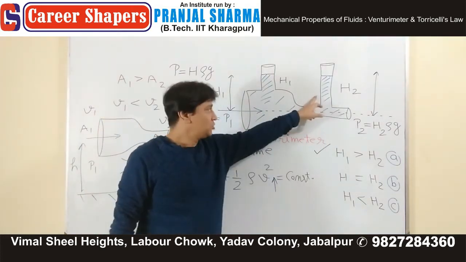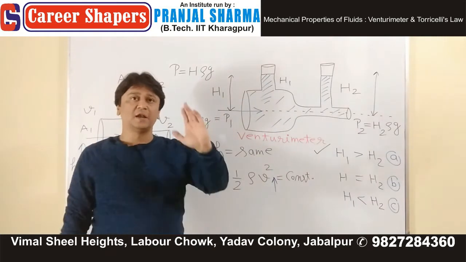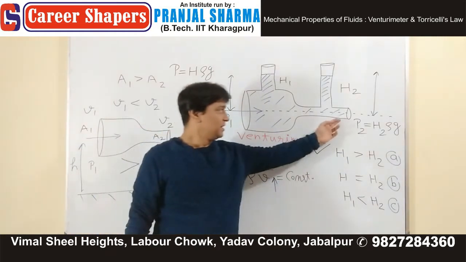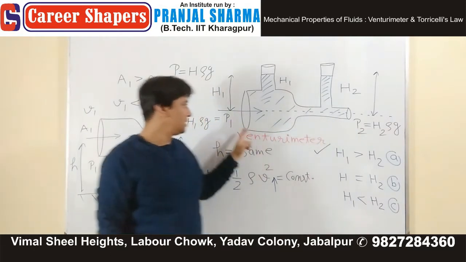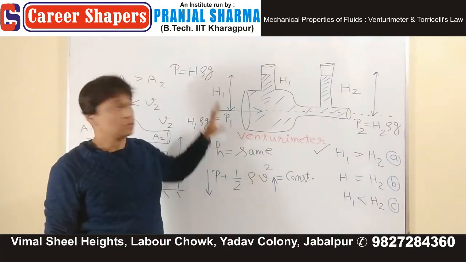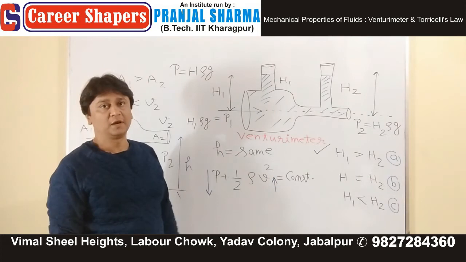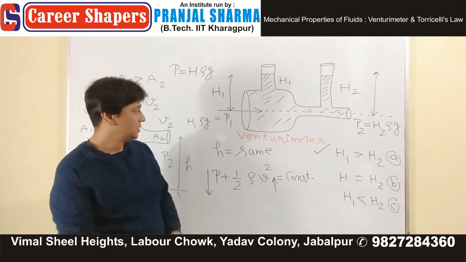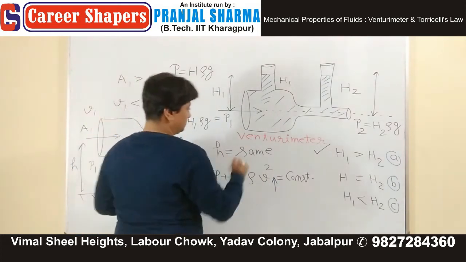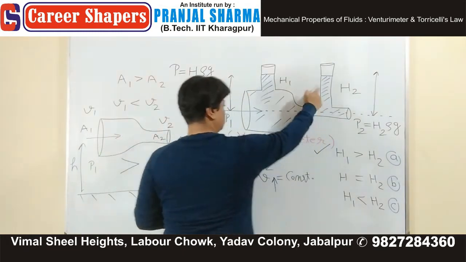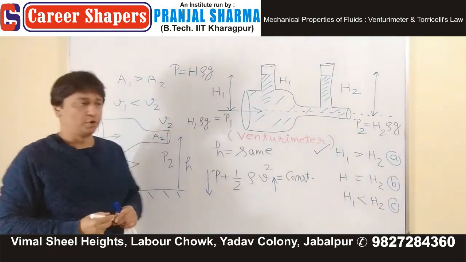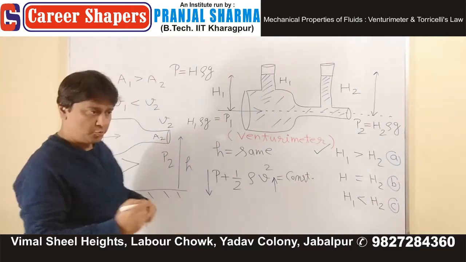You can erect two pipes and then you can measure the difference of speed at this point and at this point using this Venturi meter. Note down this device is called Venturi meter. I hope you can see it.